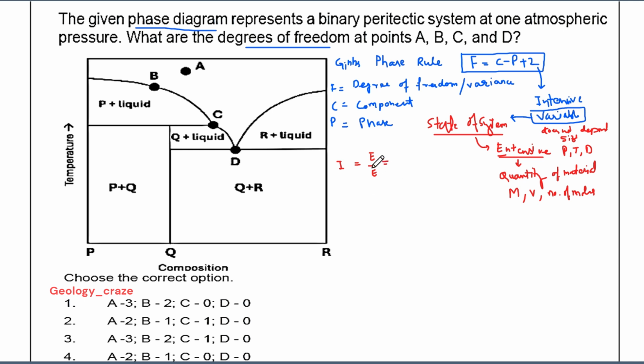How? Suppose we have mass. If we divide mass by volume, we will get density. Density means mass per unit volume, so density is an intensive variable. If we divide extensive by extensive, we will get an intensive variable. So up to this you will understand.